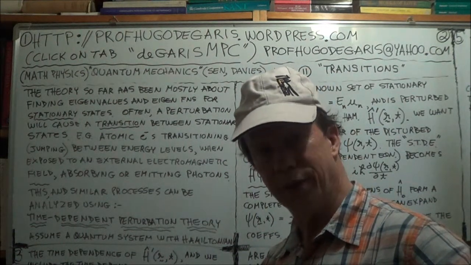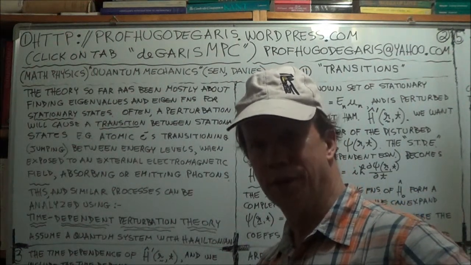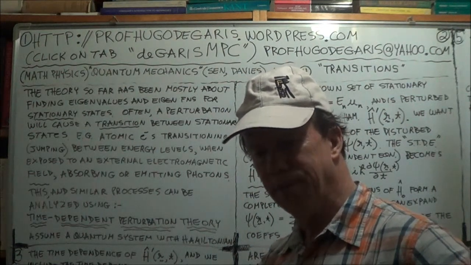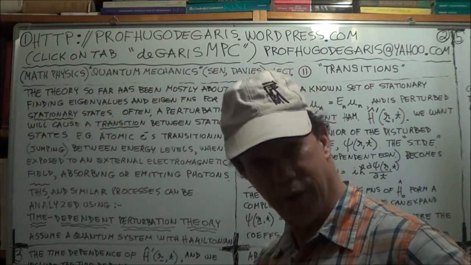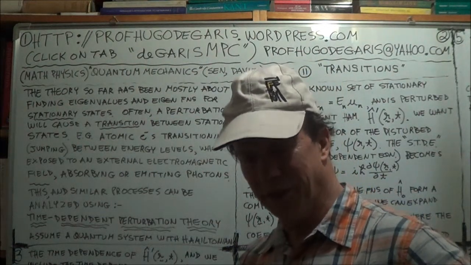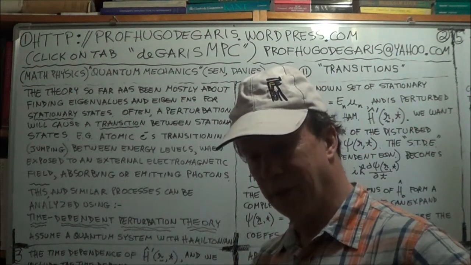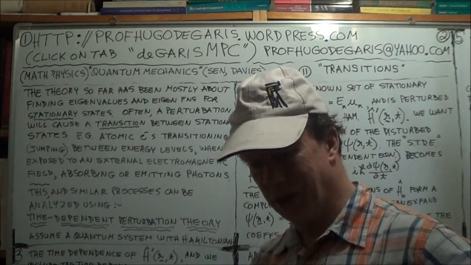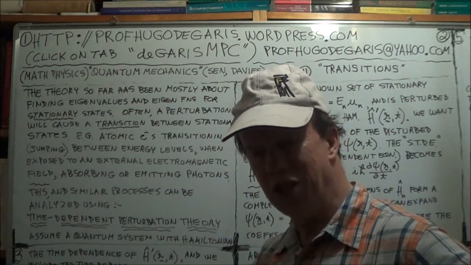And you can then have the reverse. The external energy source, the electromagnetic field, is switched off, and then the electron falls to a lower energy, moves in closer to the nucleus. One of the basic laws of physics, a conservation law, is that energy is conserved. Energy doesn't disappear. So if the electron has a lower energy by moving closer to the nucleus, where has that energy difference gone?